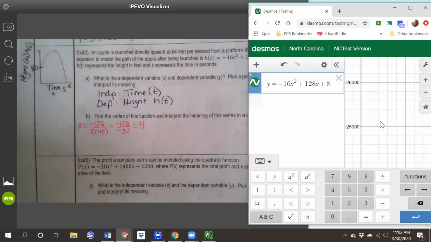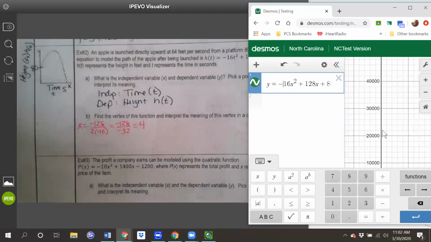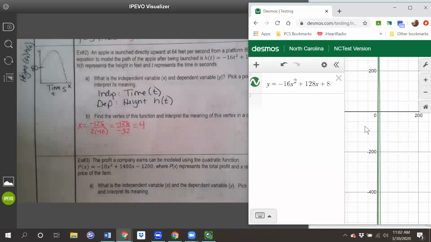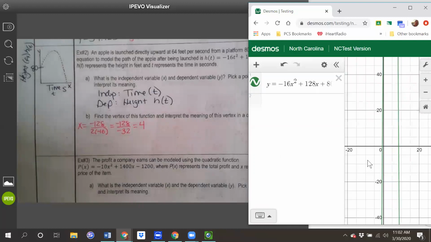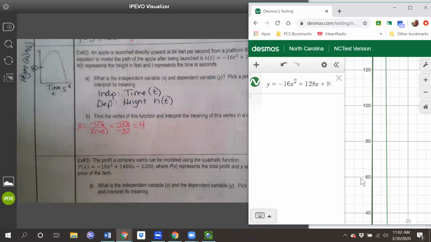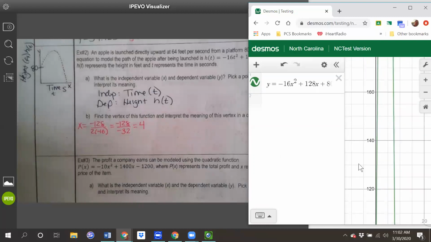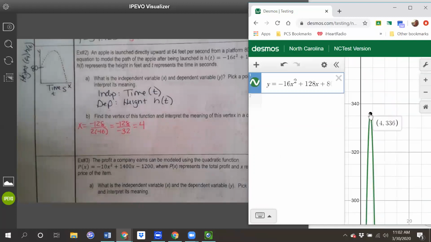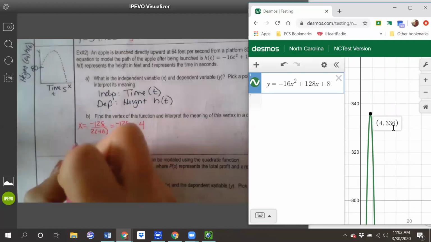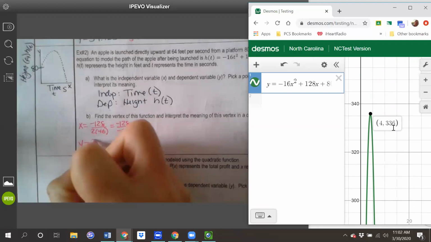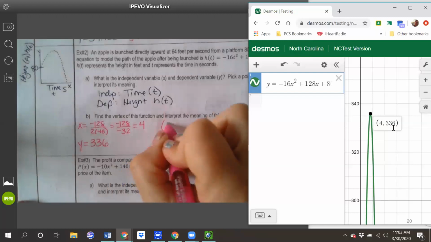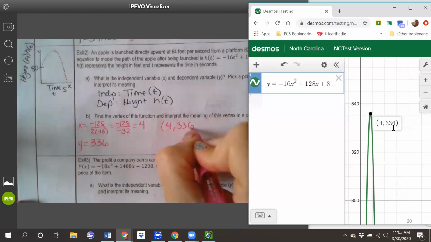You have to be very, very careful when you are editing an existing equation. You could get into big trouble from that. So this seems much more reasonable that an apple would go 336 feet in the air. All right, so y is 336. Okay, so the vertex is at 4, 336.